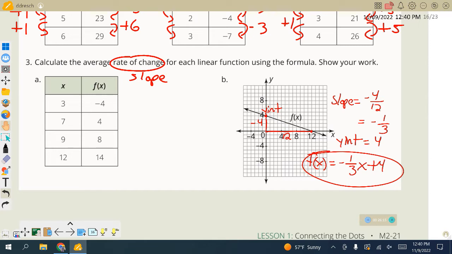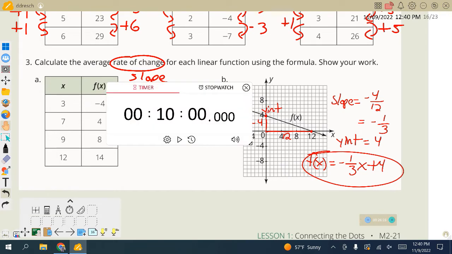If you can't do that on your own, you're done for. So I'm going to put a minute on my clock. Take numbers 1 and 2 and put them into function form. 1 minute and go.